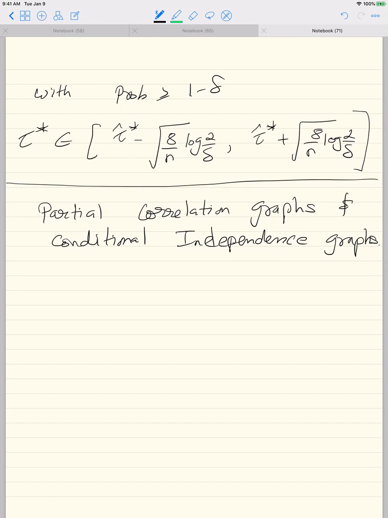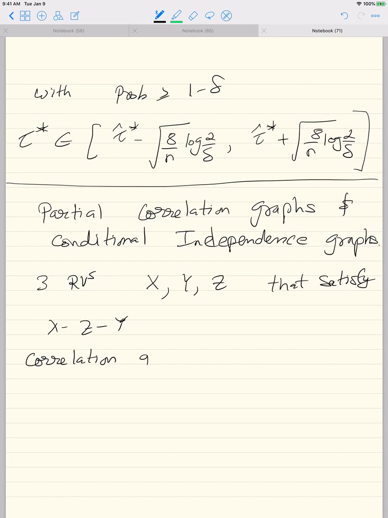So suppose that we have three random variables x, y, and z that satisfy the Markov chain x, z, y. Then clearly all of them are correlated. So if we were to study a correlation graph, it would look like this. This is z, x, and y. Now x and z are correlated, z and y are correlated, but x and y are also correlated.